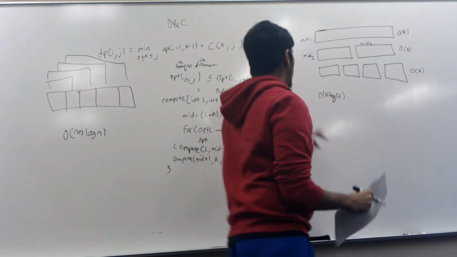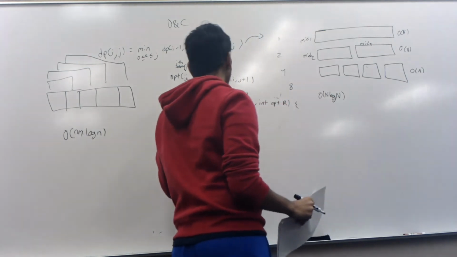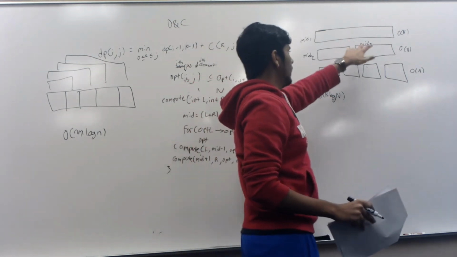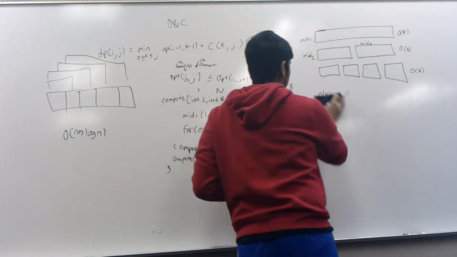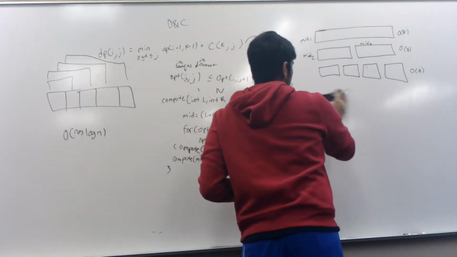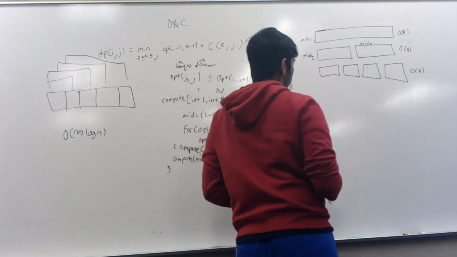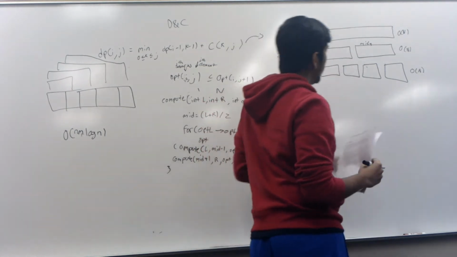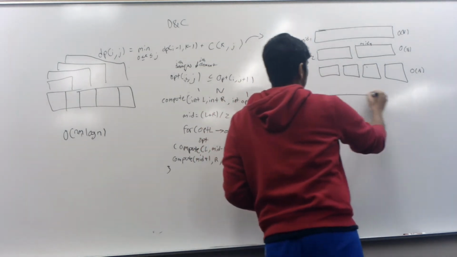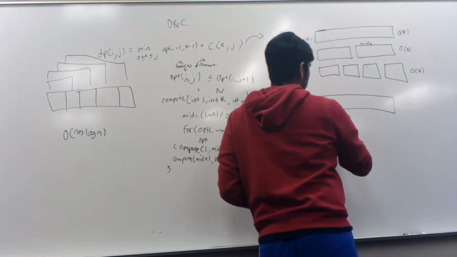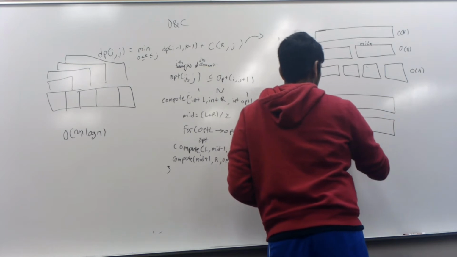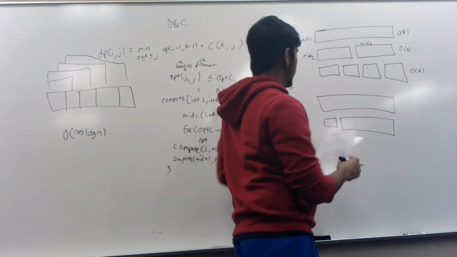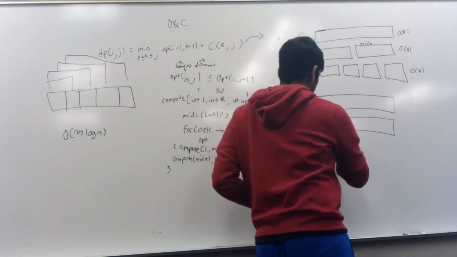But the optimal splitting point is not always in the middle. Sometimes it can be skewed to one side or the other, but it doesn't matter, because if we have our array and we split it not evenly, it doesn't matter. Let me draw one more layer.